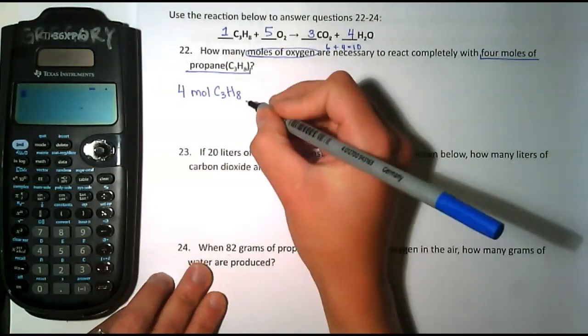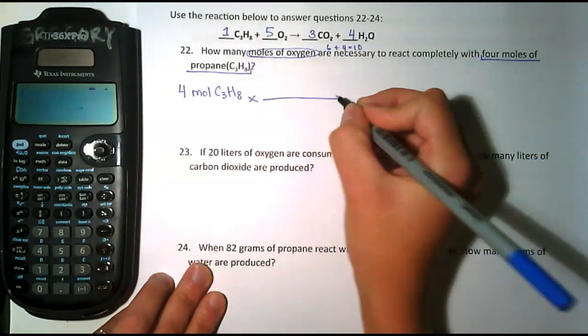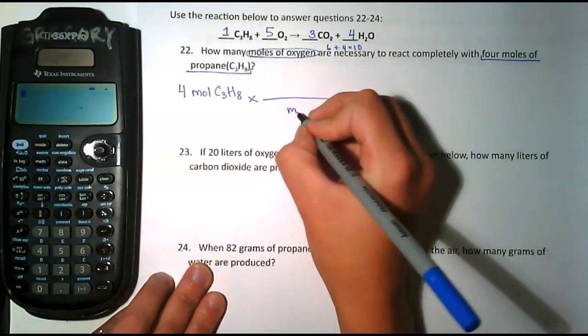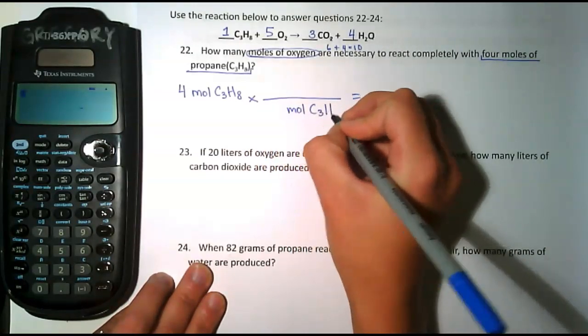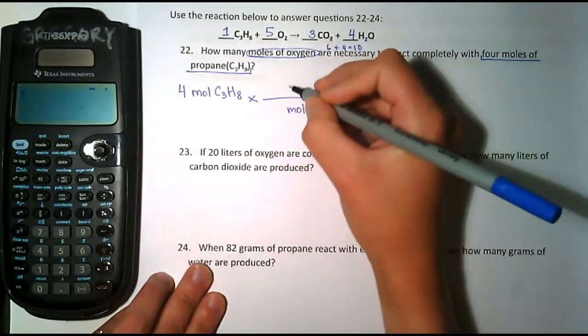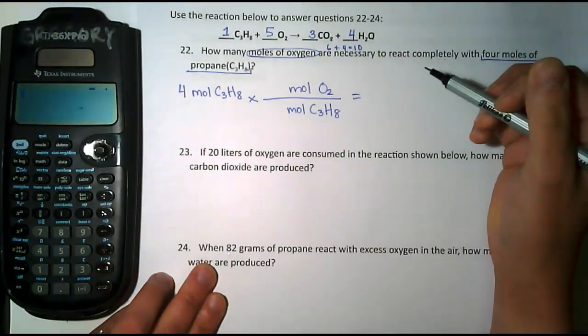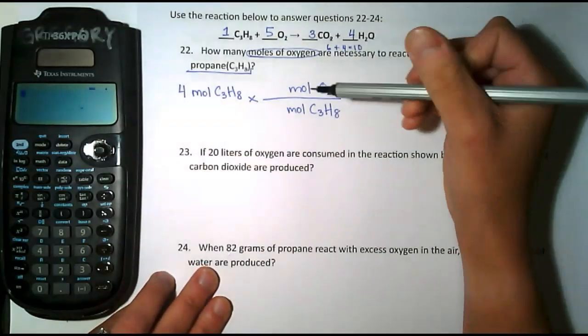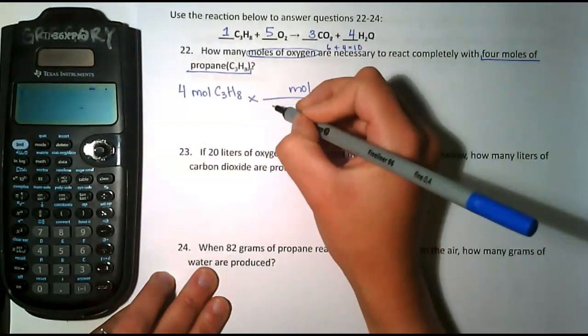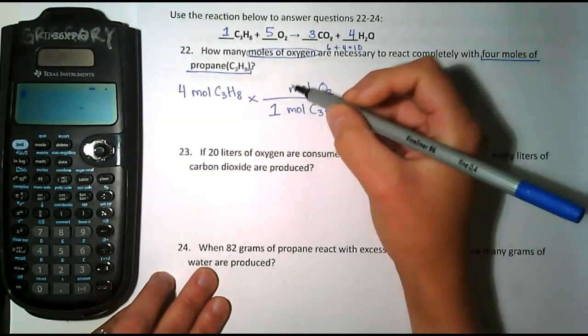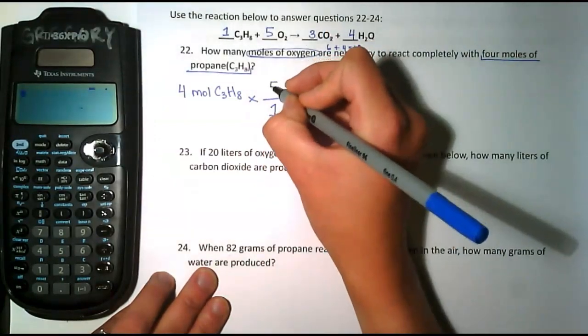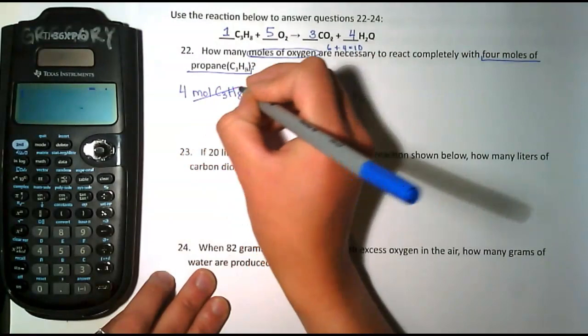And we know a mole to mole conversion is just 1 step. So moles of C3H8 goes on bottom, and then we're converting to moles of oxygen. So moles of O2 goes on top. And now we just need to look in our chemical equation. So we have 1 mole of C3H8, and then we have 5 moles of O2. So we can do this one in our head, cancel our units out.